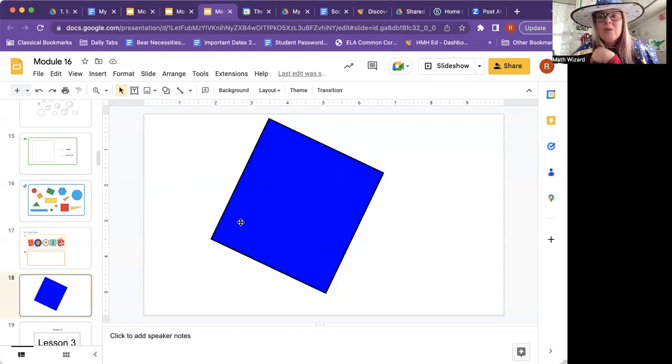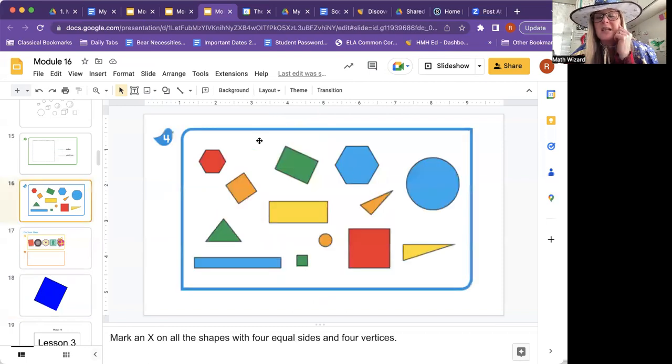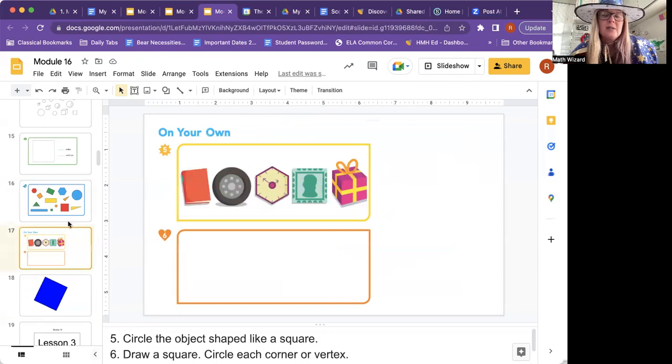It still has 4 equal sides and 4 corners. So keep that in mind when you're looking at these. Just because it's not maybe straight, maybe it's twisted, it can still be a square if it has 4 equal sides and 4 corners. All right. You can pause this while you do that.